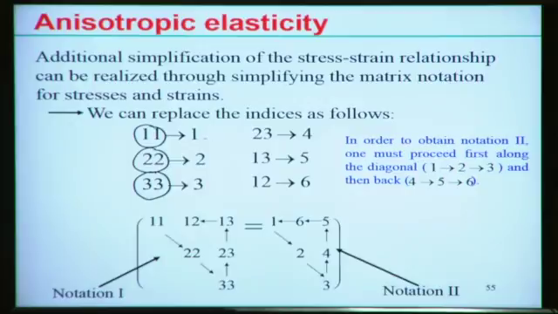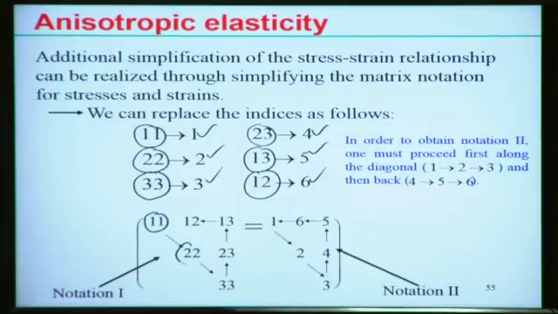So that means the first 11, 22, 33, the 3 normal stress or strain components, are in terms of 1, 2, 3, but the shear components are in terms of 23, 13 and 12, that is 4, 5 and 6. So that corresponds to either shear stress or shear strain. So if we look into this matrix, the notation is like that.